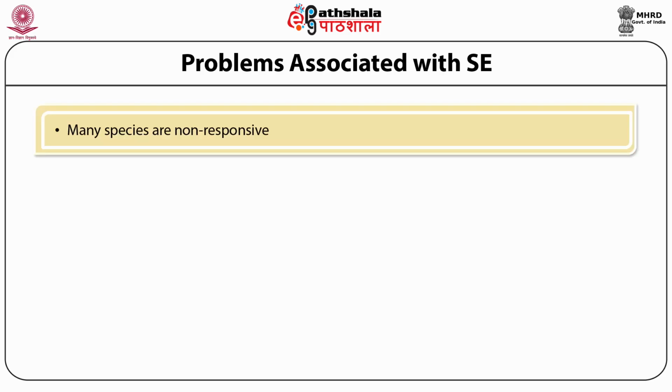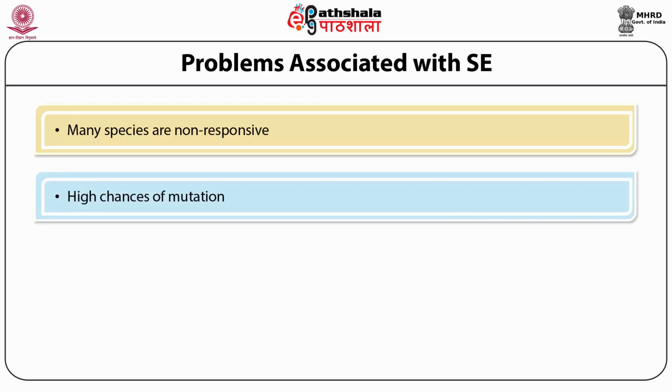In many cases, somatic embryogenesis is also prone to high chances of mutation, which you definitely don't want if your objective is cloning. That is very good if you're looking for variation. It's an efficient technology, but if your purpose is cloning, then you have to do things differently. Theoretically, we say that cells can multiply indefinitely without loss of morphogenic potential.